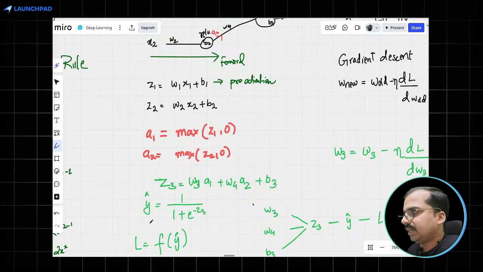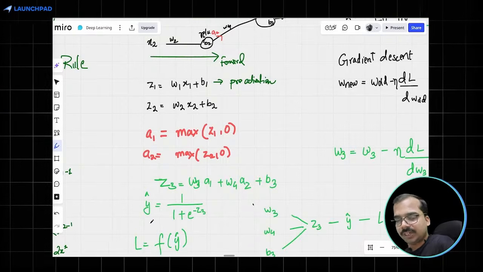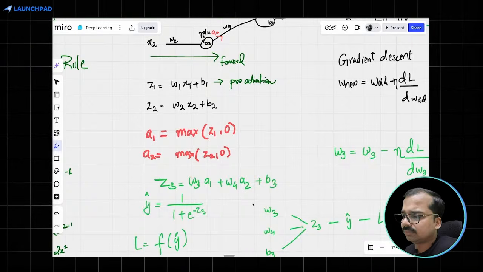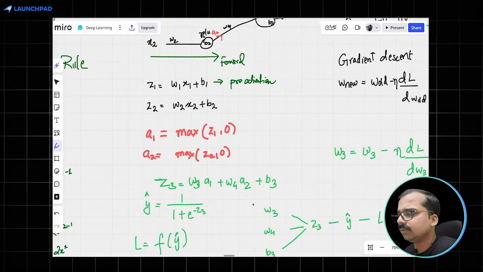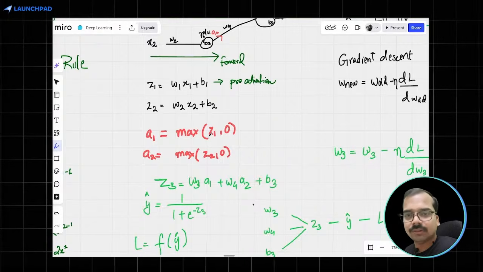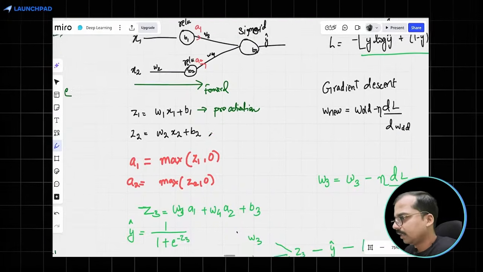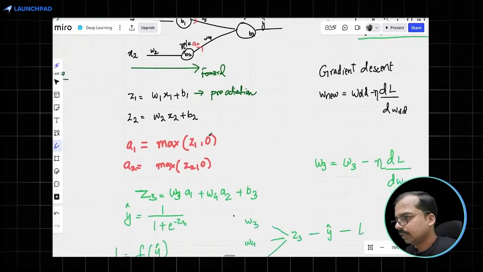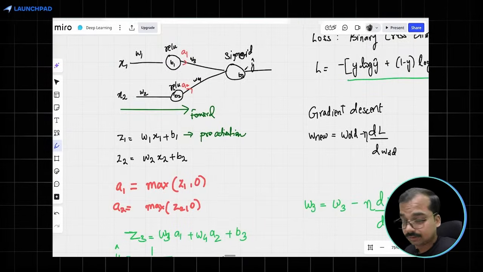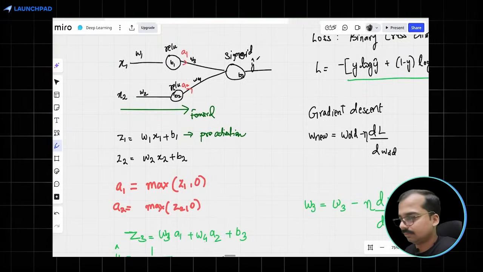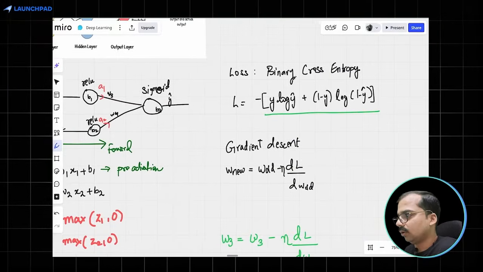Now this was the entire forward pass. Initially, w1, b1, w2, b2, all these values will be randomly assigned. Once the forward pass happens, I have got my y hat. I'll calculate my loss.